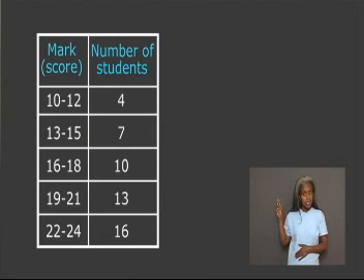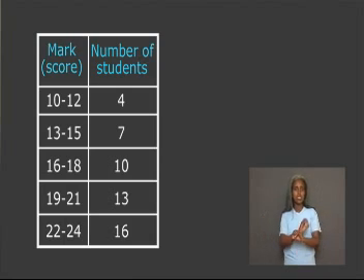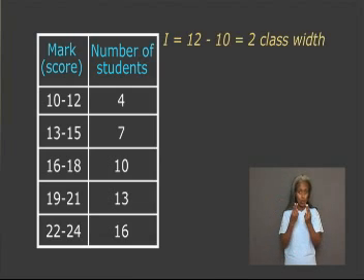This is a grouped frequency distribution that describes a certain class's results on a mathematics test. The width of each grouping, i, equals 2. We can determine this by subtracting 10 from 12, 13 from 15, and so on. The total number of students in the class is 50.